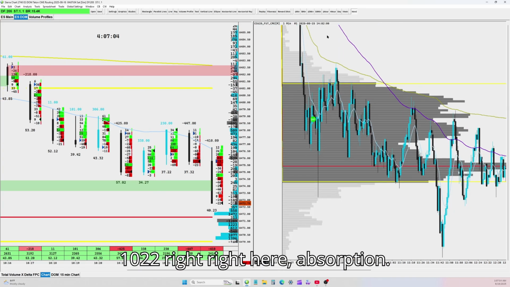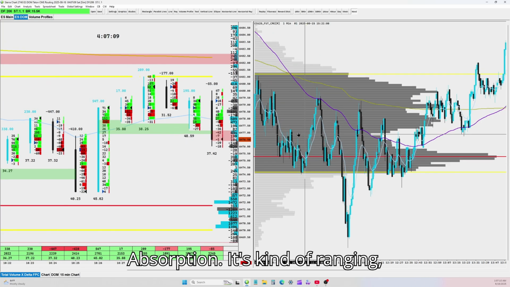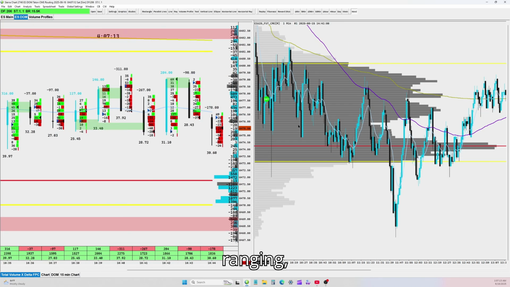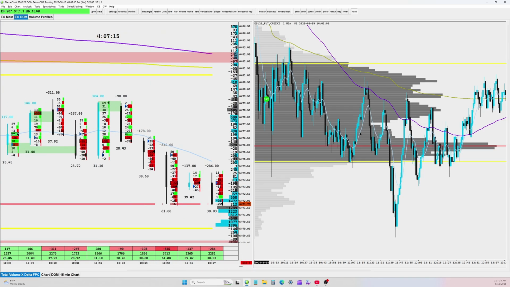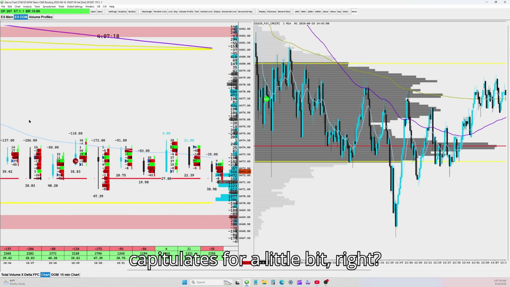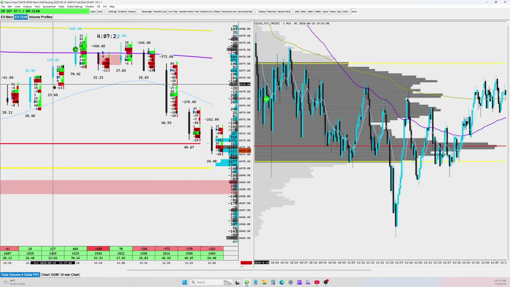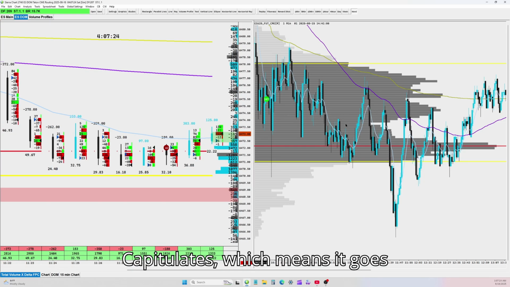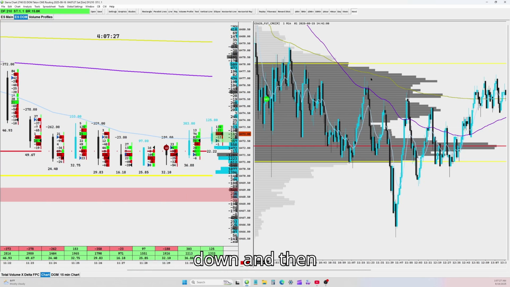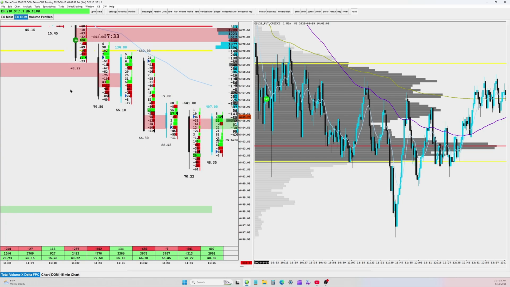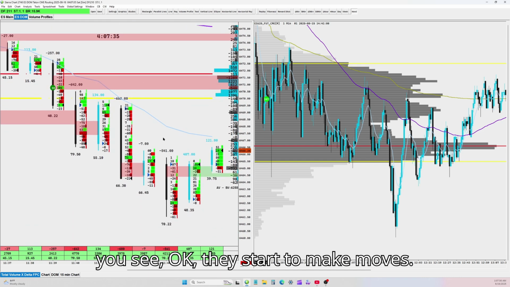It's 1022, right here, absorption. It's kind of ranging, capitulates for a little bit, which means it goes down, and then you see, okay, they start to make moves.